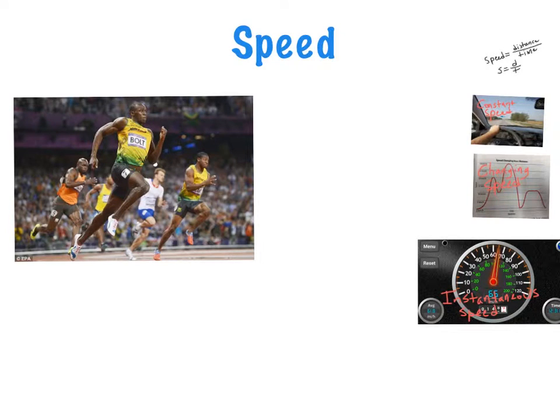Next we're going to move on to talk about speed. This is a picture of Usain Bolt. He's the fastest guy in the world. That's why we have this picture on here. Speed, letter A, says to describe how fast something is moving, we use a measurement called speed.